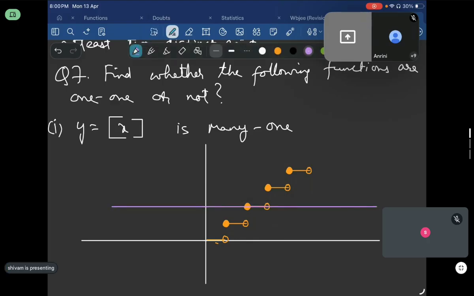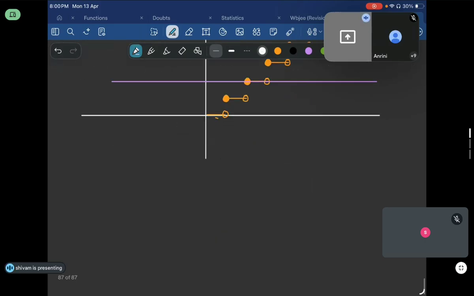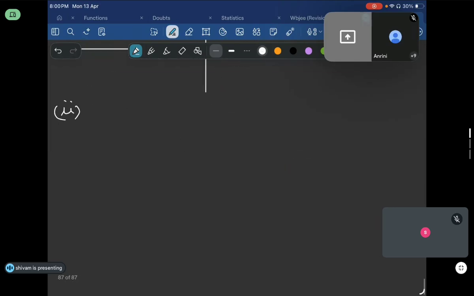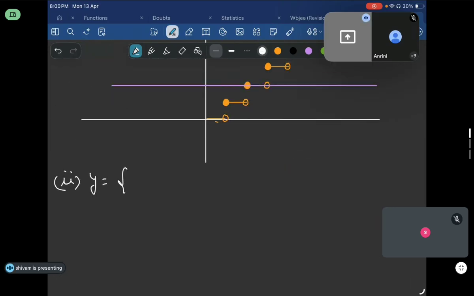Next. Number 2. So y equal to box of x is many one. Y equal to fraction part of x: 1-1 or many one?